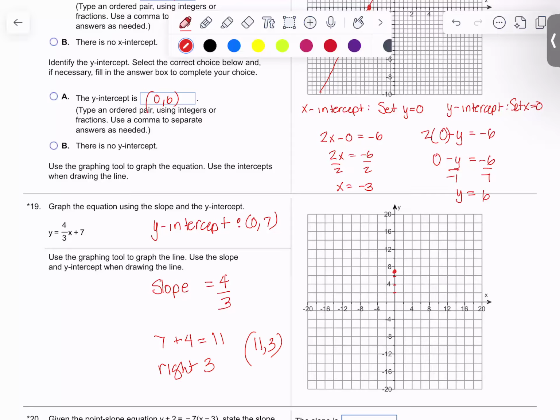So I'm going to find 11, 3. 11, 3 is right there. Because in the horizontal direction, again, we're going by twos. It's 2, 4, 6, 8. And I want 3, so I'm going to be halfway between 2 and 4. And then draw my line.